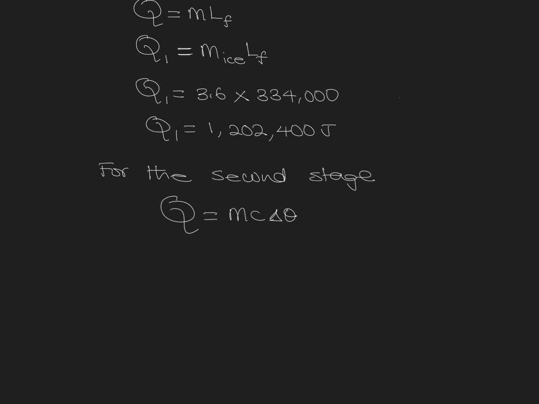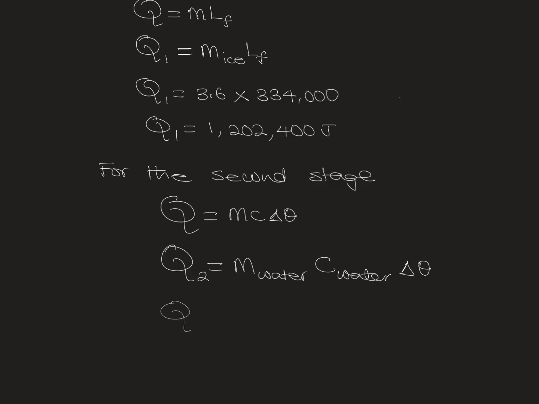So to be more specific, I will say Q2 is equal to the mass of the water multiplied by the specific heat capacity of the water times the change in temperature.